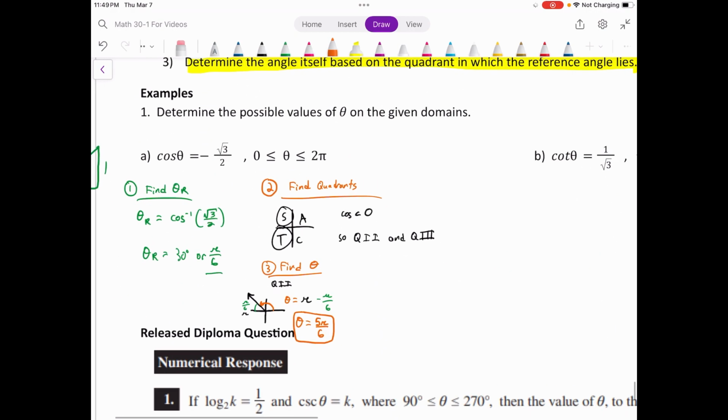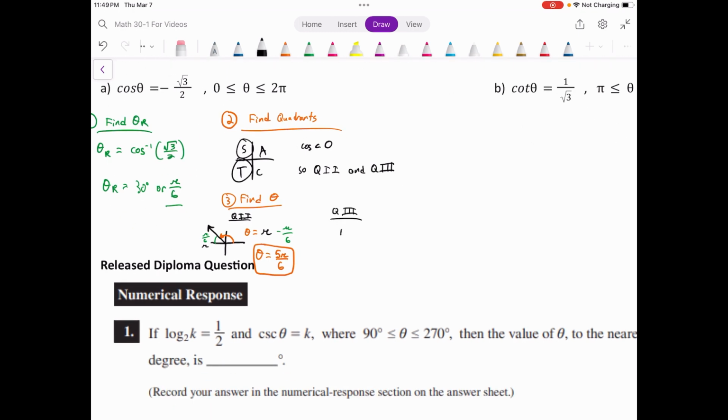So quick way to check our work there, right? Cos of 5 pi over 6 is negative root 3 over 2. So that quadrant 2 angle is valid. However, there is another place, as we know, in quadrant 3, where the cosine of that angle would be negative root 3 over 2. So where is it?